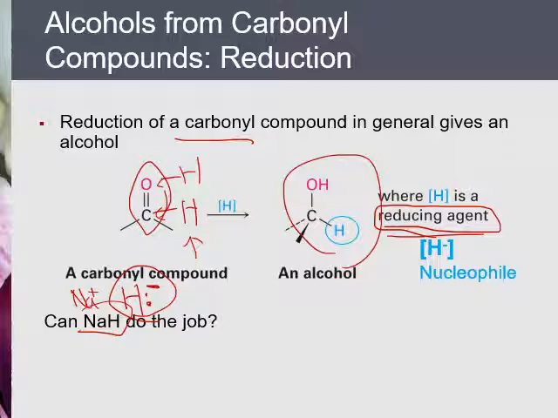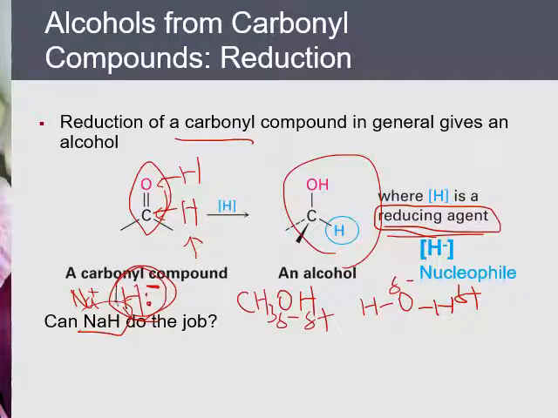For example, in methanol, this hydrogen is partially positive and this oxygen is negative. In water, again, this is positive and this is negative. But in sodium hydride, the hydrogen is negative and has a lone pair of electrons. So this hydride will react with the positive hydrogen and serves as a base.